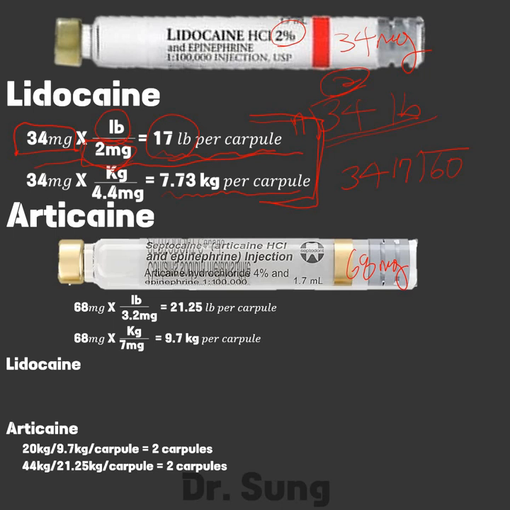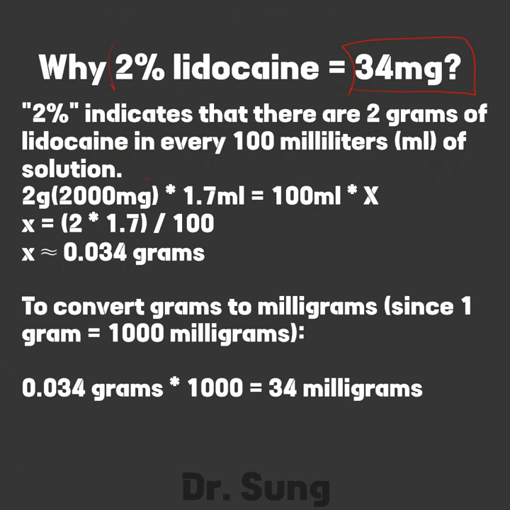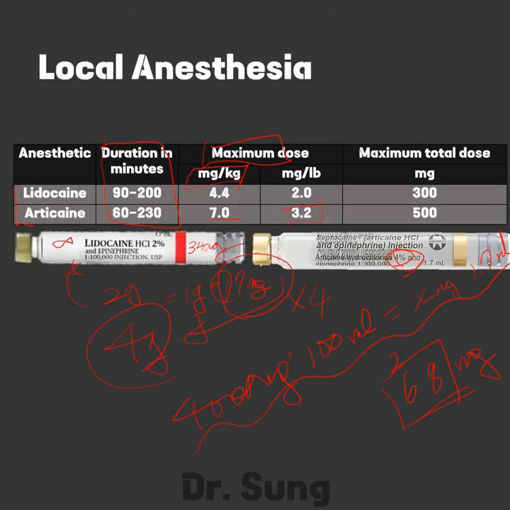So Articaine is 68 milligram per carpule, and the maximum dose is 3.2 milligram per pound, right? These are the things that we see here. And also in kilogram 7.